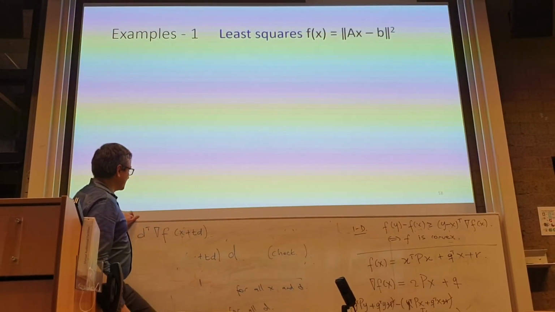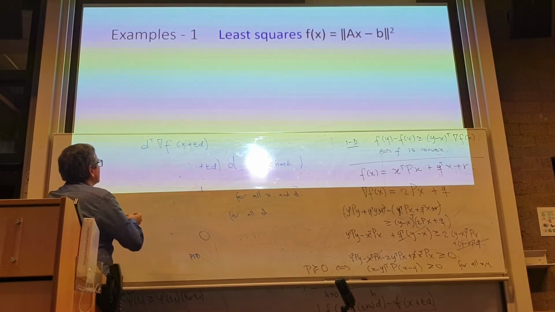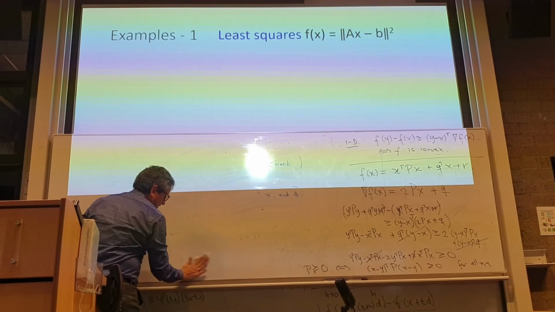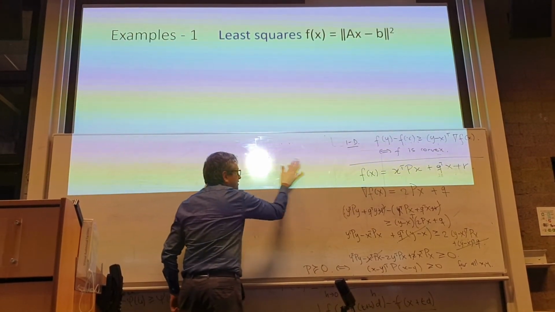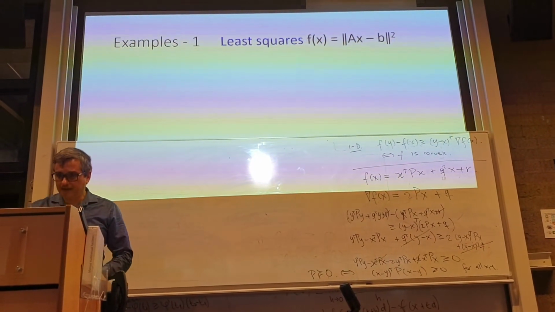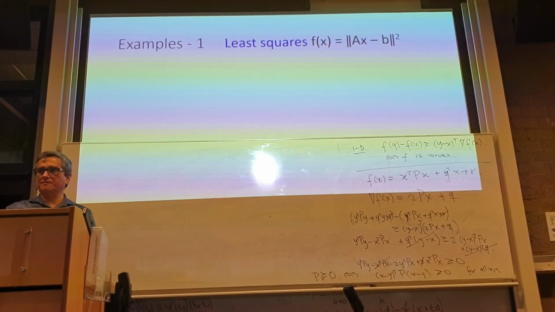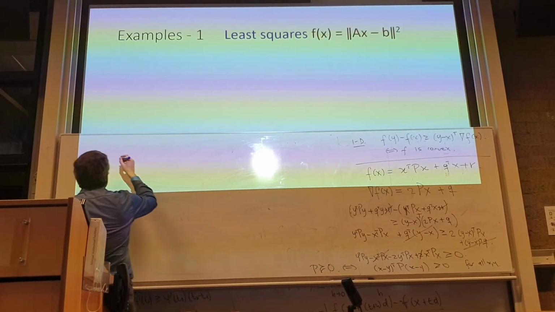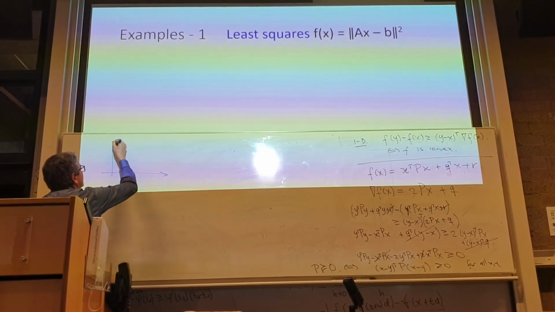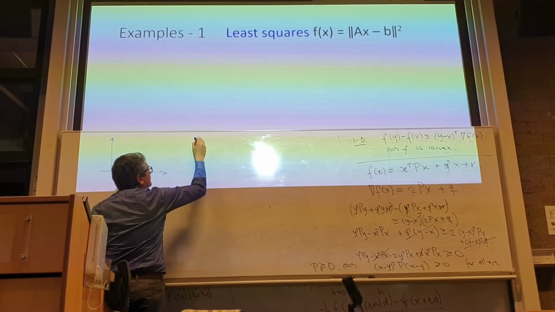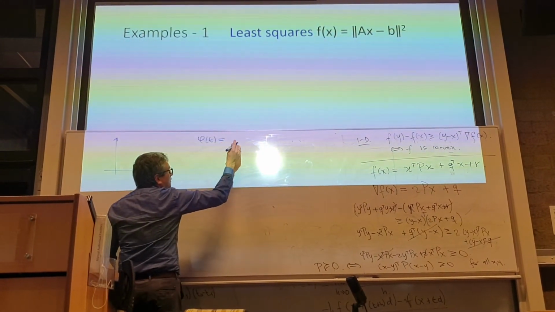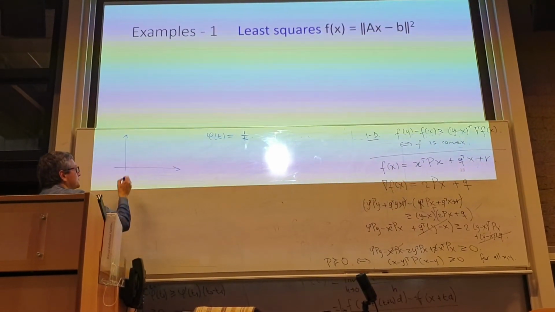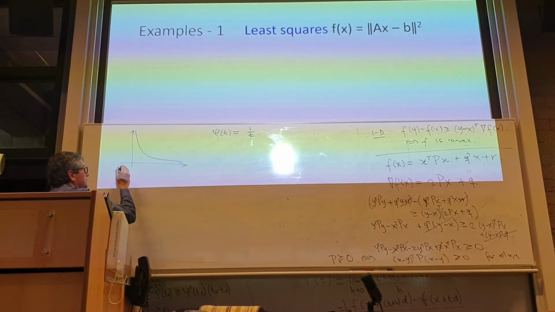Okay, so we want to check if this function is convex. And then remember something important in the definition of convexity is that the domain of the function has to be convex. Otherwise, let me give you an example of a function that is not convex. If I say phi of t equals 1 over t, for example, this function is not convex because in the domain the function looks like this, and here it looks like this.